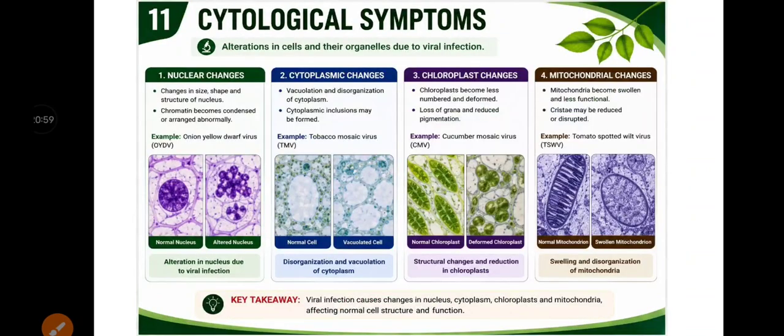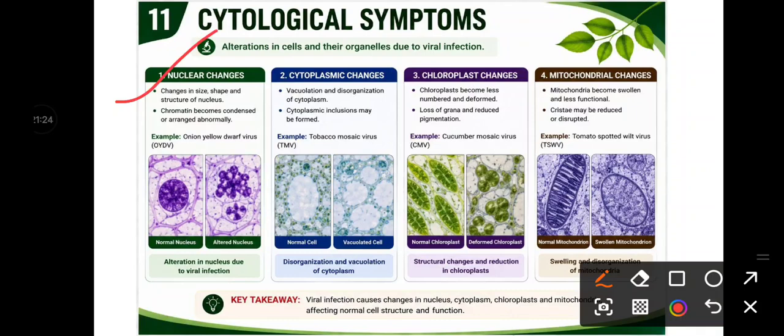So cytological symptom means the alteration in cells or their organelles due to viral infection. It may be changes associated with the nucleus or cytoplasm or any organelle like the major organelles, the chloroplast and mitochondria. First, the nuclear changes.